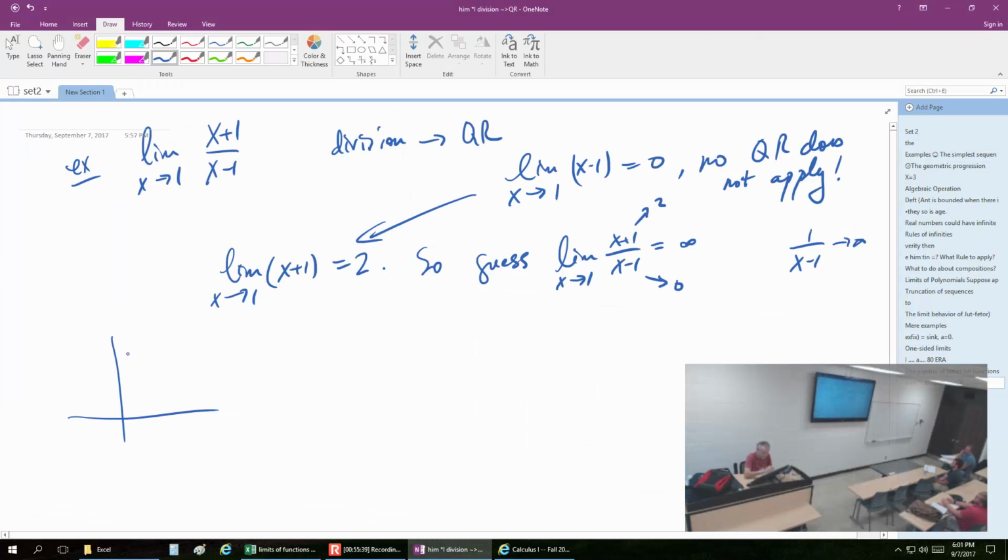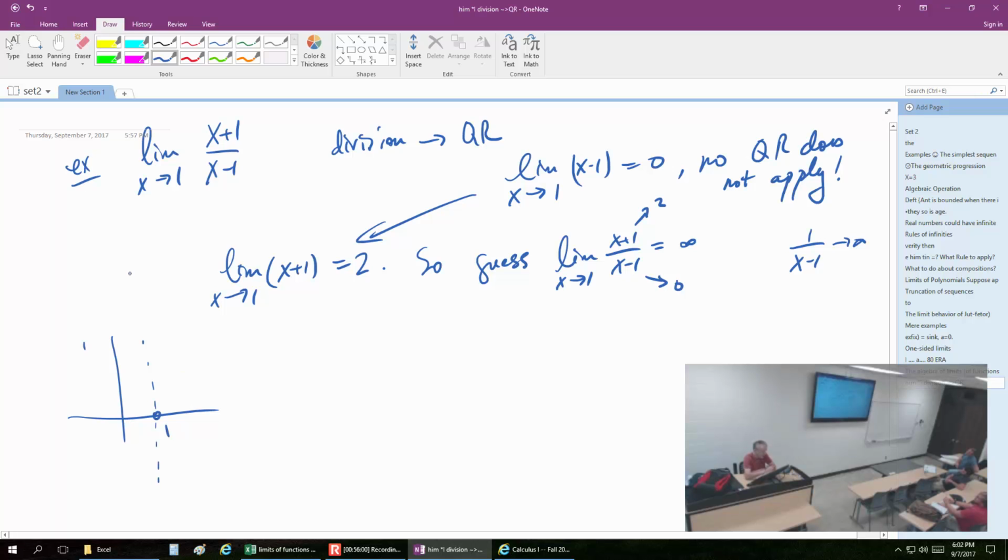We can figure it out because the graph roughly looks like this. Like this. No, I don't think I did it right. It has a hole. The function is undefined at 1.